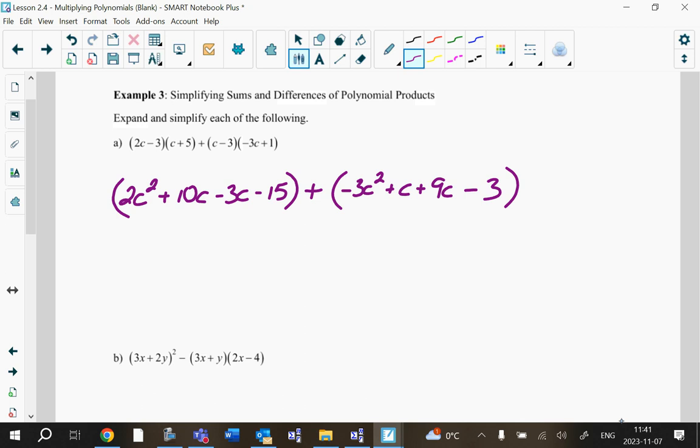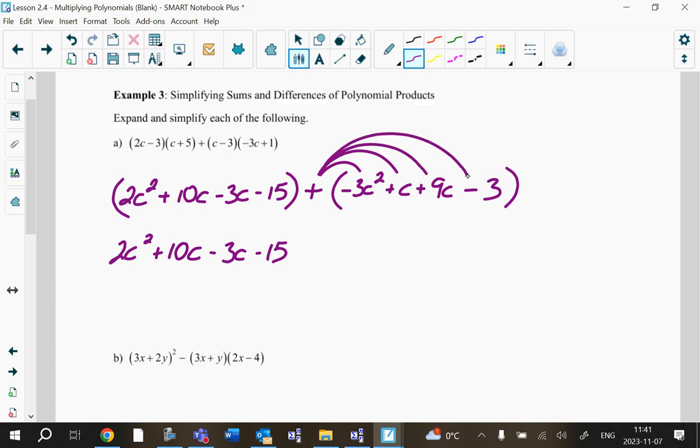Okay. Last year, one of the ways we talked about how to simplify algebraic expressions is taking out parentheses. If there's nothing in front, I can just remove the parentheses and nothing changes. Because there's no sign in front that's changing anything. But here you gotta be careful because you're adding everything.